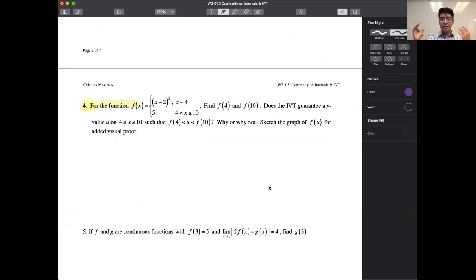How about number 4? For that function, does IVT guarantee such u that u is between f of 4 and f of 10?